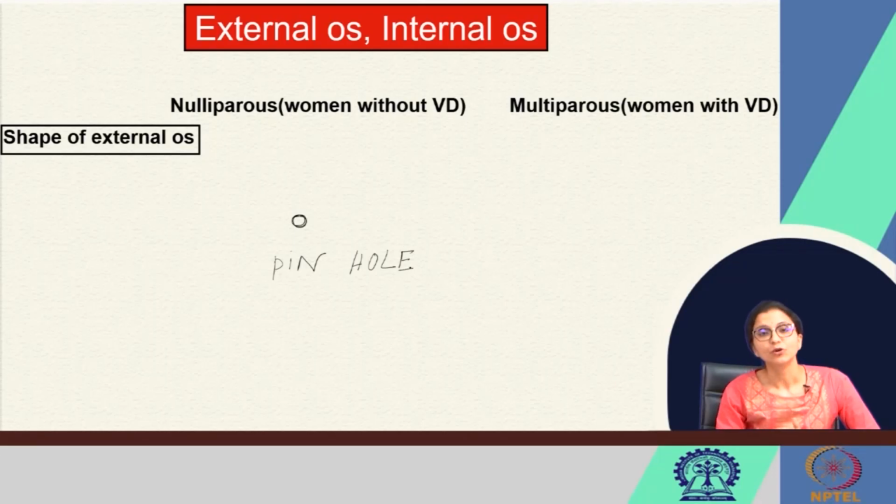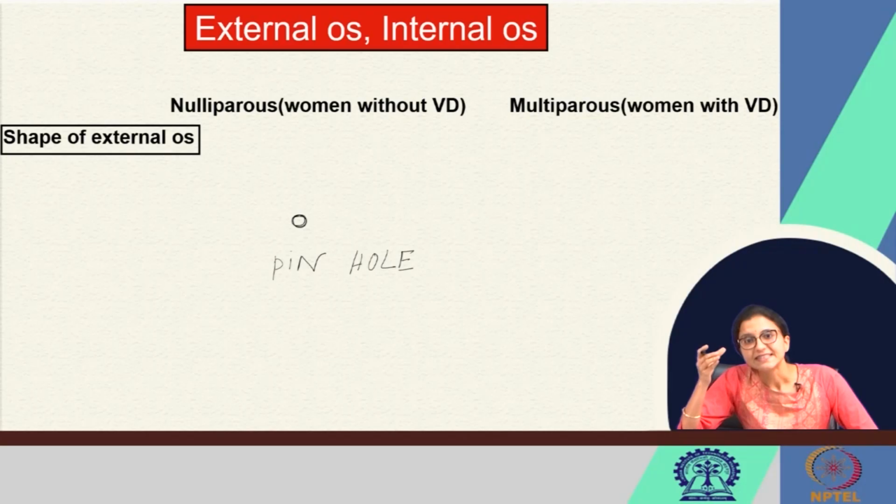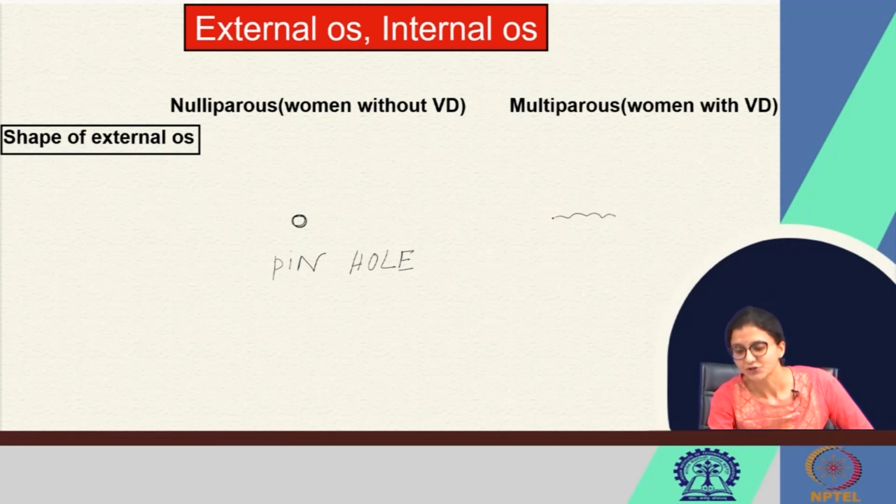Whereas, in women who did have vaginal delivery, one or more, due to cervical tear or injury during the process of childbirth, these in the long run get healed, and these healed cervical tears lead to the shape of the external os becoming a transverse slit.